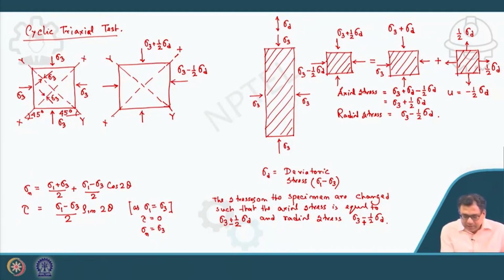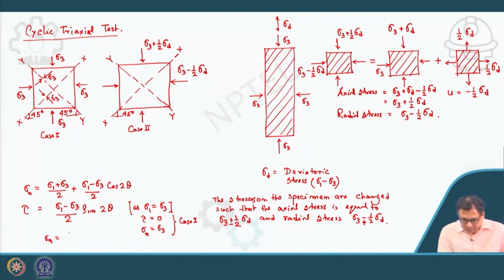Now this is 45 degree again, these two planes are 45 degree. So this part will be 0. So this is sigma 1 is now sigma 3 plus half sigma d minus sigma 3 minus half sigma d. So your sigma n will be equal to, in this case, this is my case 1, this is case 2. So this is for case 1 or the stage 1, consolidation stage. Okay, now in the loading stage we have case 2.